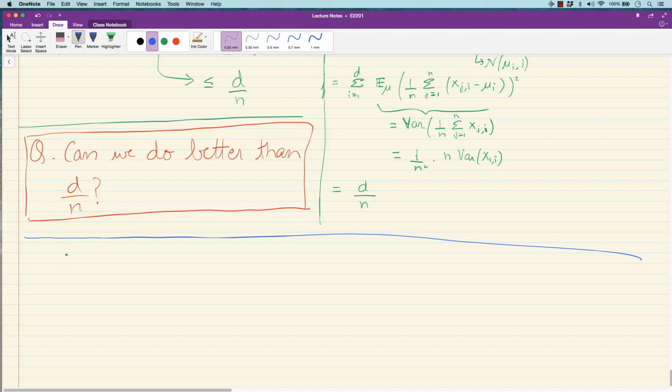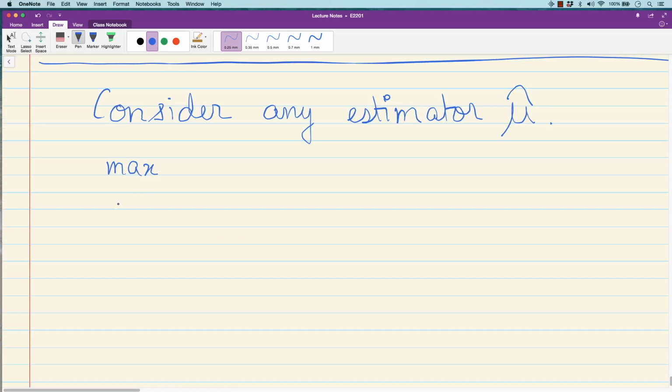So consider any estimator mu hat. And we are interested in deriving a lower bound for the max over mu of the expected value, under the distribution corresponding to mu, the Gaussian with mean mu and variance I, of the squared norm of mu minus mu hat of X^n.